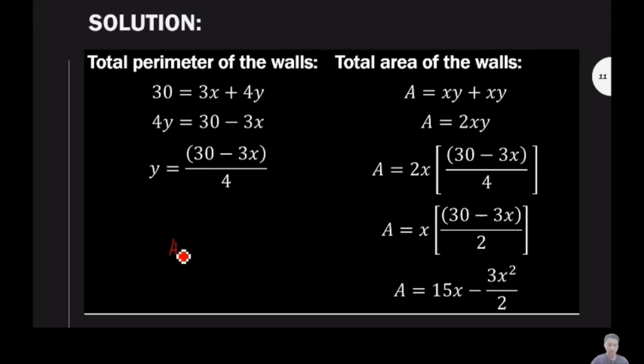So A prime, so to differentiate 15x, x is to the power of 1, so we minus by 1, and for 3x squared over 2, how to differentiate?